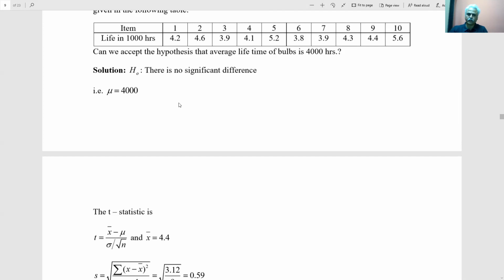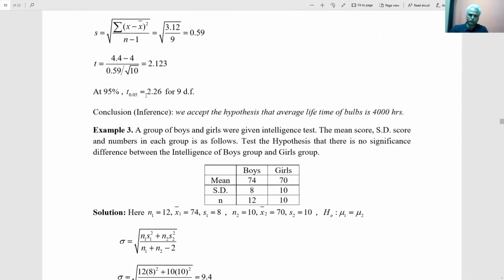Both are the same. Just like a chemistry test, here we are testing something through sample testing: 2.123 is less than 2.26. More than this is rejected; any number less than this is accepted. Hence accepted means 4,000 hours is the average life of the bulb.